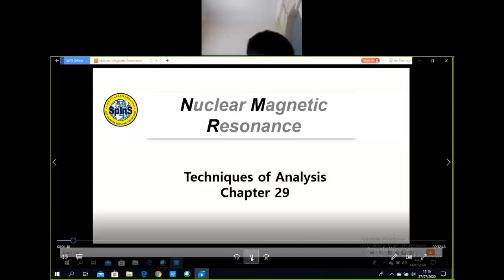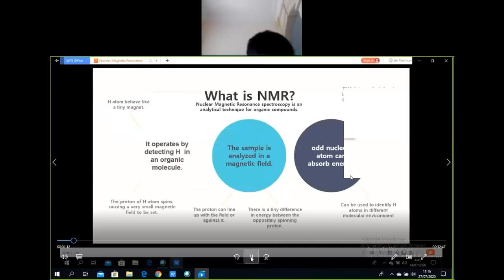Next, NMR. We know NMR stands for nuclear magnetic resonance. It is very commonly used as an analytical technique for organic compounds. It is based on the fact that the nucleus of each hydrogen atom in an organic molecule behaves like a tiny magnet.